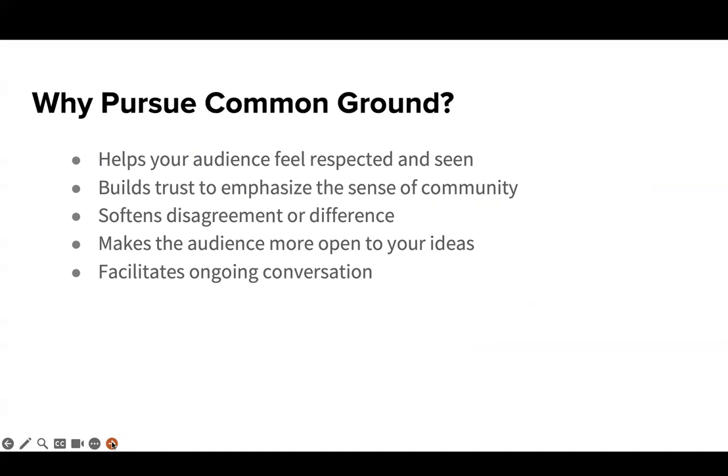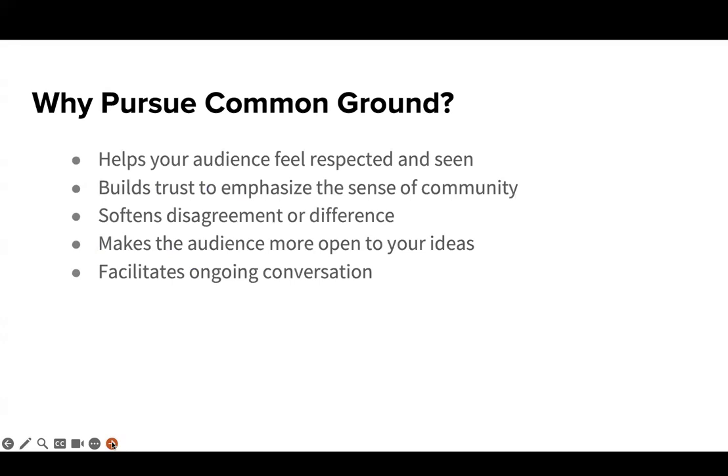Before we move on to learning objective 2 and using common ground as a rhetorical tool, let's review why striving for common ground in discussion board rhetoric is so critical and so powerful. So in review, it's going to help your audience feel respected and seen.